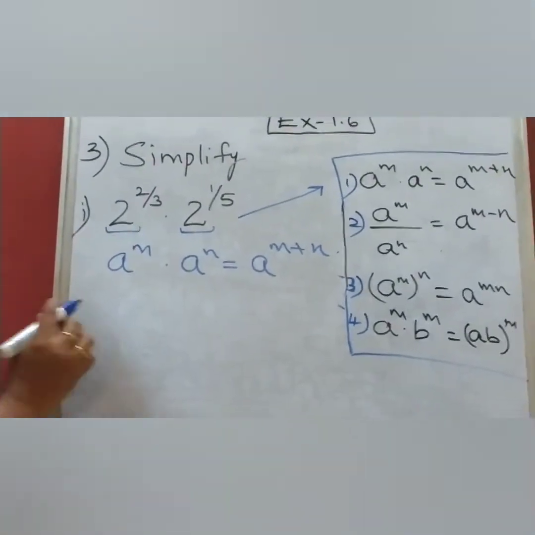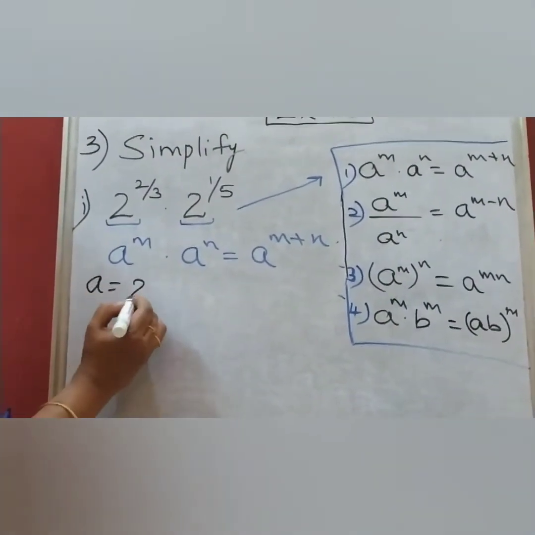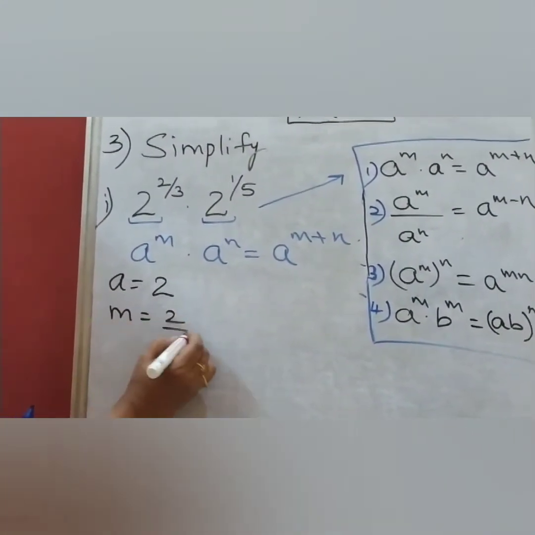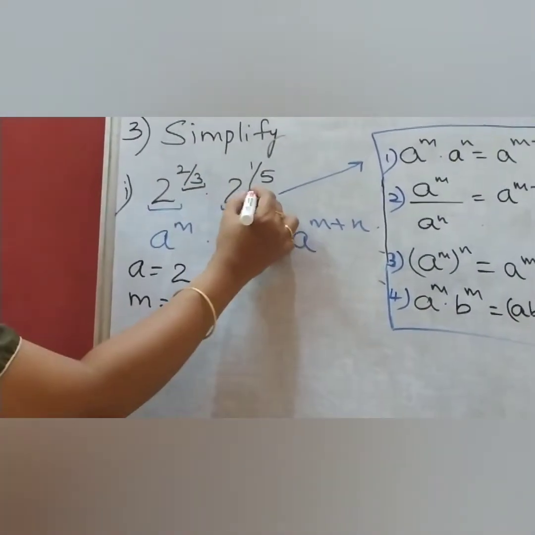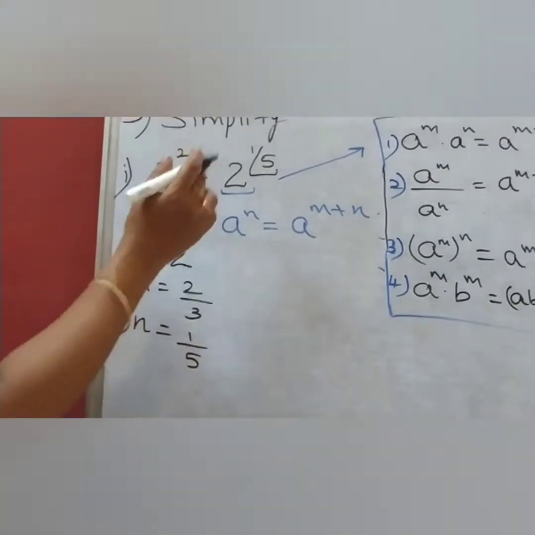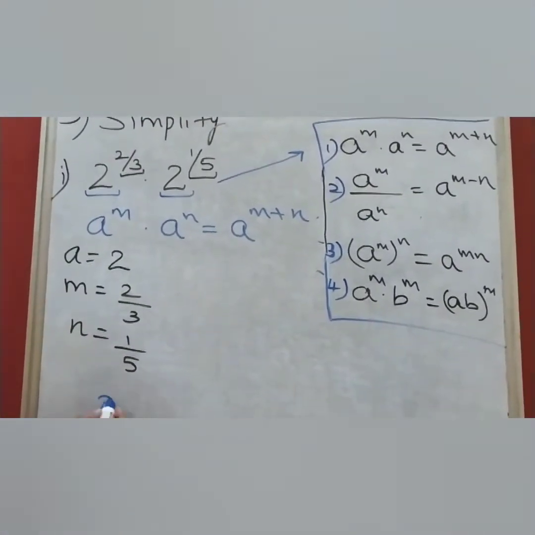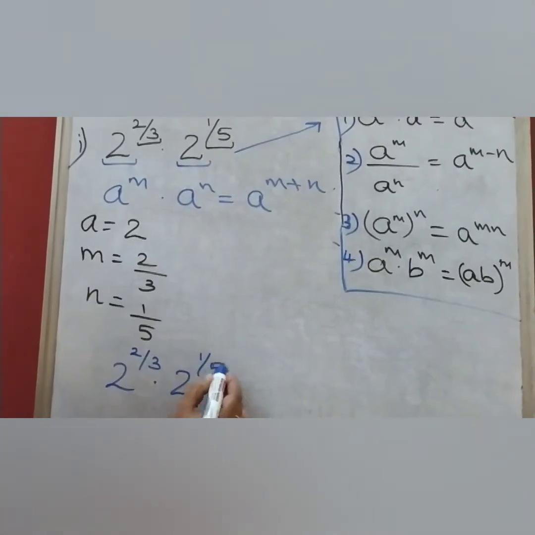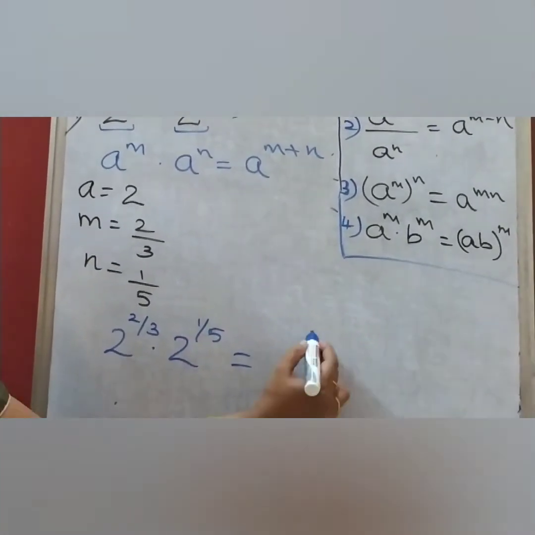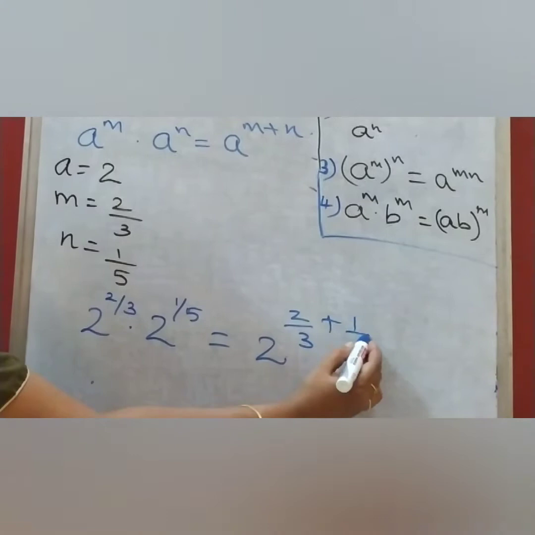What is a here? Here a is 2. m is 2 by 3. This is m. What is n here? n is this 1 by 5. So using this, I can say 2 power 2 by 3 into 2 power 1 by 5 will be equal to 2 power 2 by 3 plus 1 by 5.